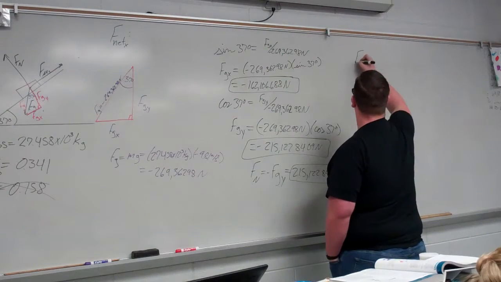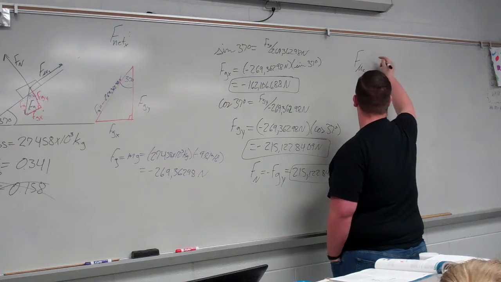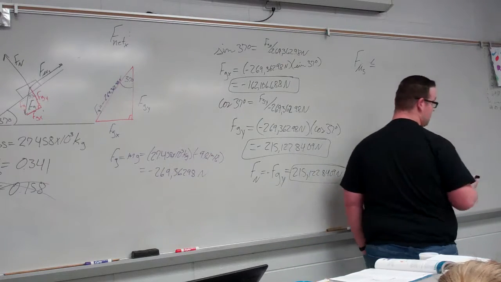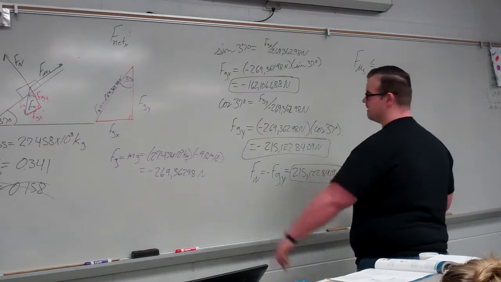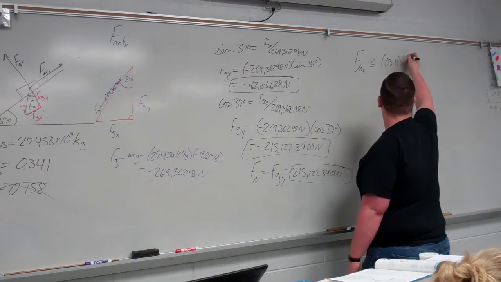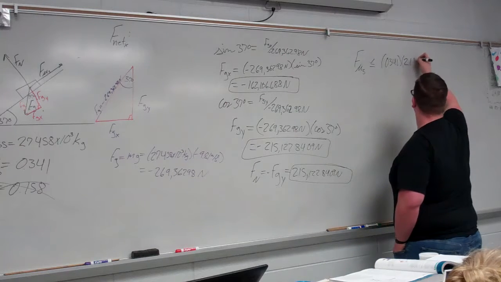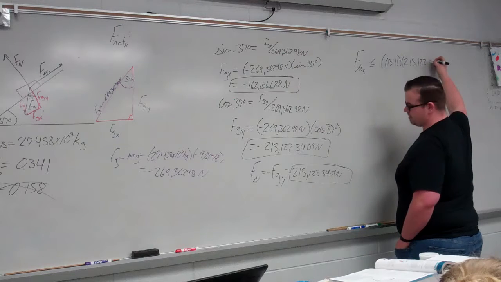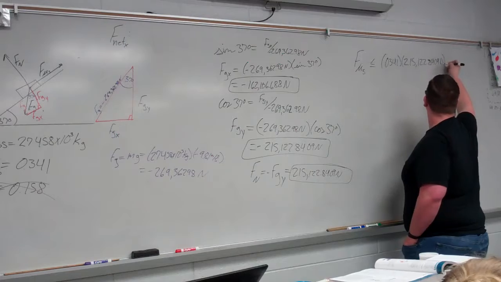So, force of static friction is less than or equal to the static friction coefficient, which was given to you to be 0.341, times normal force, which is 215,122.8409 newtons.